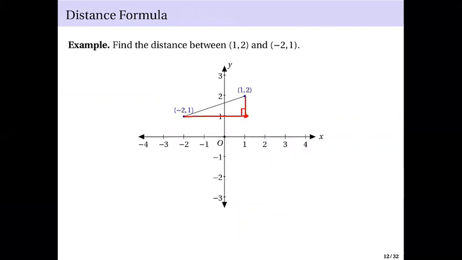And this point here, you will see that it has coordinates 1, 1. The x coordinate 1 came from the 1 here, and the y coordinate 1 came from the y coordinate here.